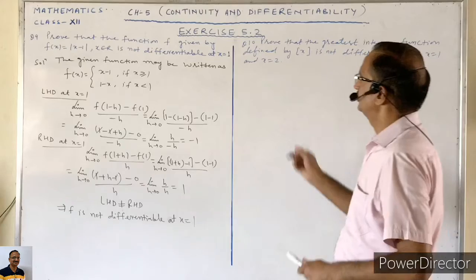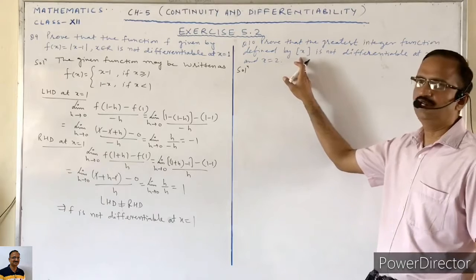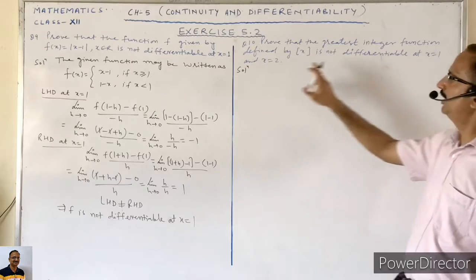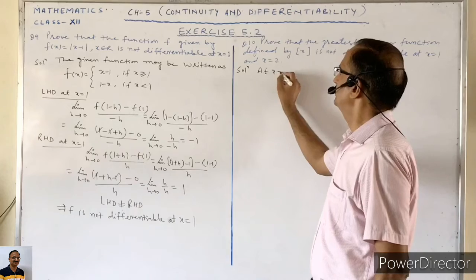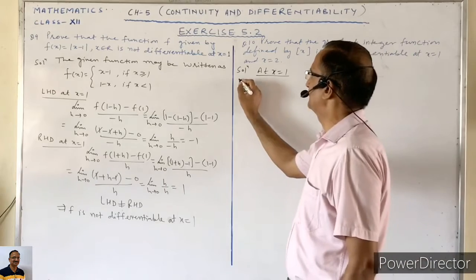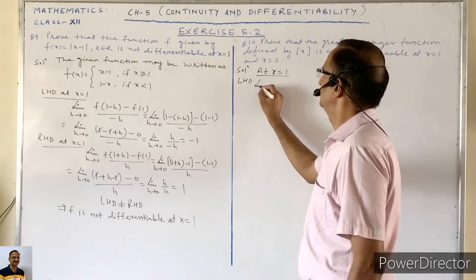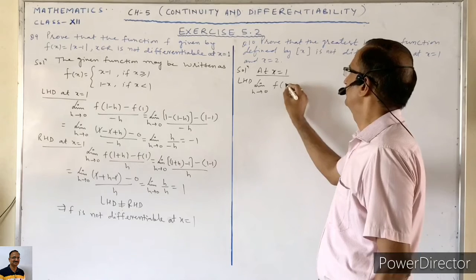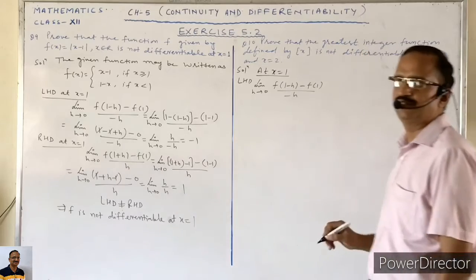Now the solution is like this. So this is the function and we have to check whether this function is differentiable at x equal to 1 and x equal to 2. So at x equal to 1, when we find the left hand derivative, this is limit h tends to 0 of f(1 minus h) minus f(1) by minus h.